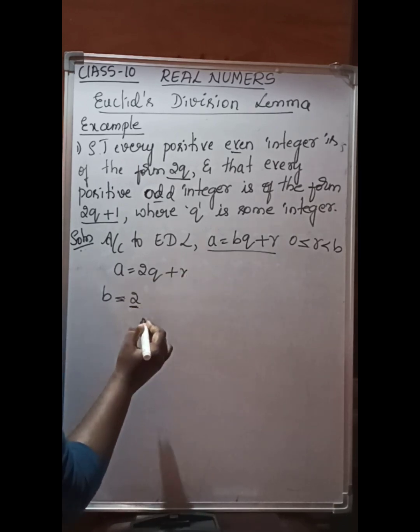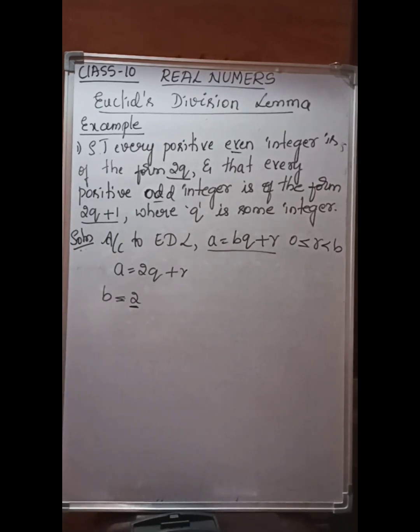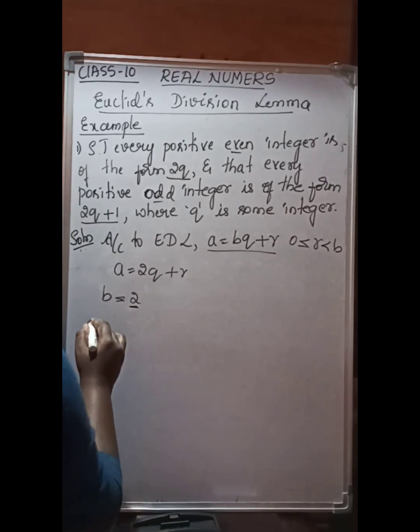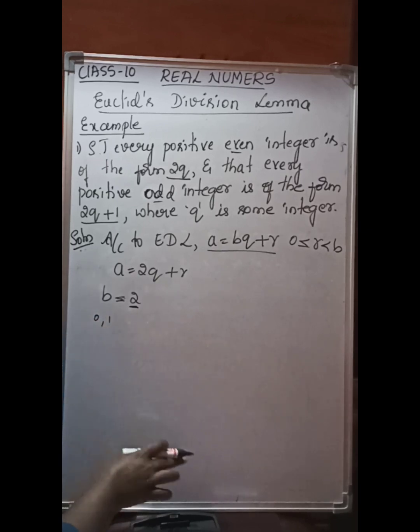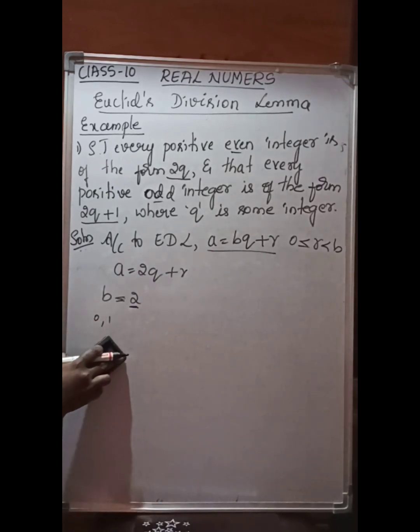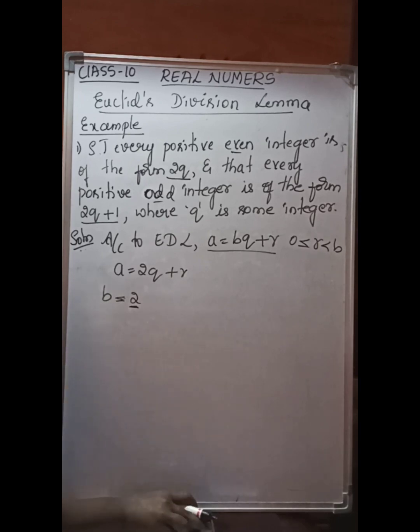If b is 2, then there are only two possible remainders, either 0 or 1, right? So 2 should give 0 as a remainder or 1 as a remainder.